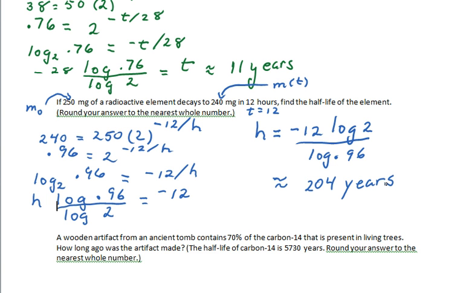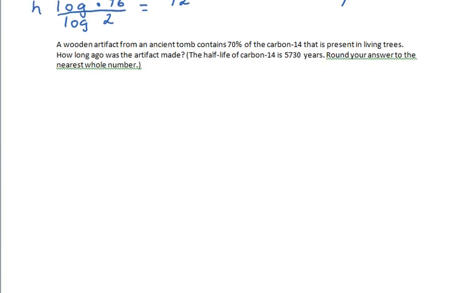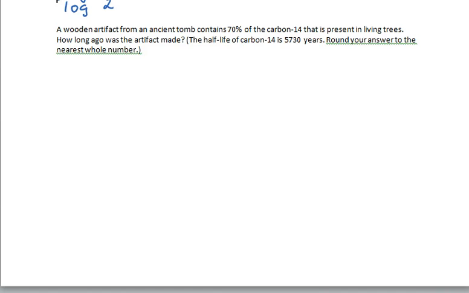So approximately equal to 204 years. And in the last problem, a wooden artifact from an ancient tomb contains 70% of the carbon that was present in the living tree. How long ago was the artifact made? We're given what the half-life is. It's 5,730 years.